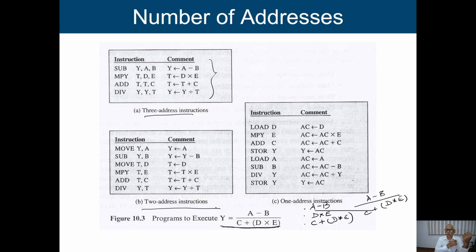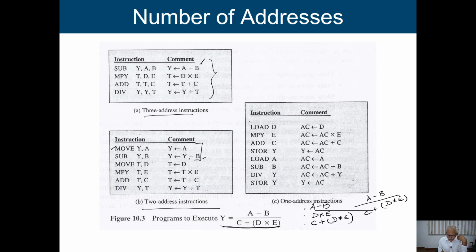Since I have only 2 operands, first I transfer A to Y using a move instruction, then with the subtraction, one operand acts as both source and destination, so Y equals Y minus B. That means the first expression is evaluated, and this needs 2 steps.